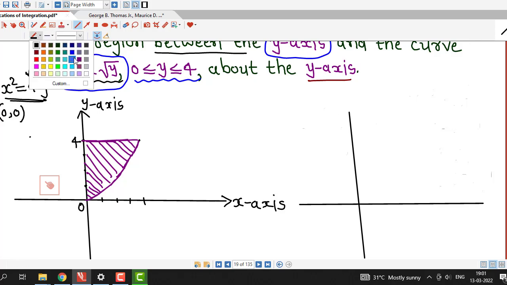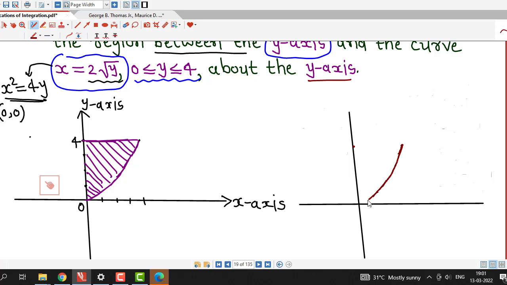On the right side of the y-axis we have this shape, so we will have this same mirror image on the left-hand side of the y-axis. First we find the copy or mirror image of this about the y-axis.